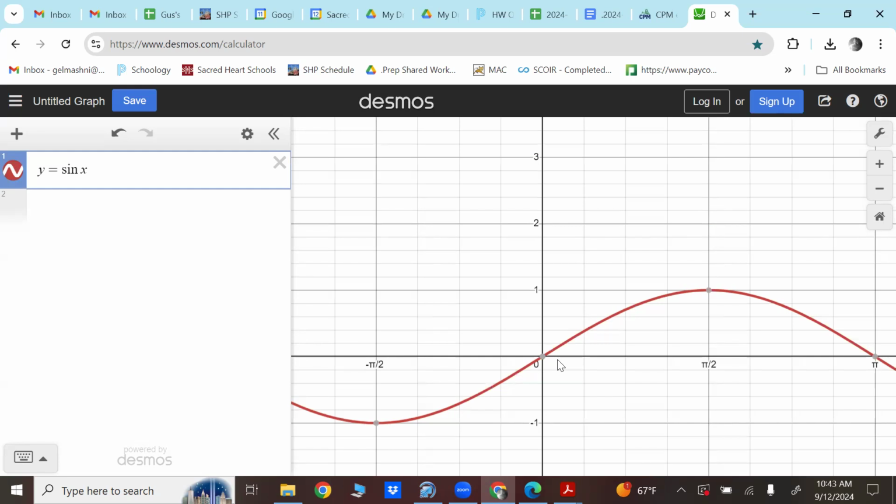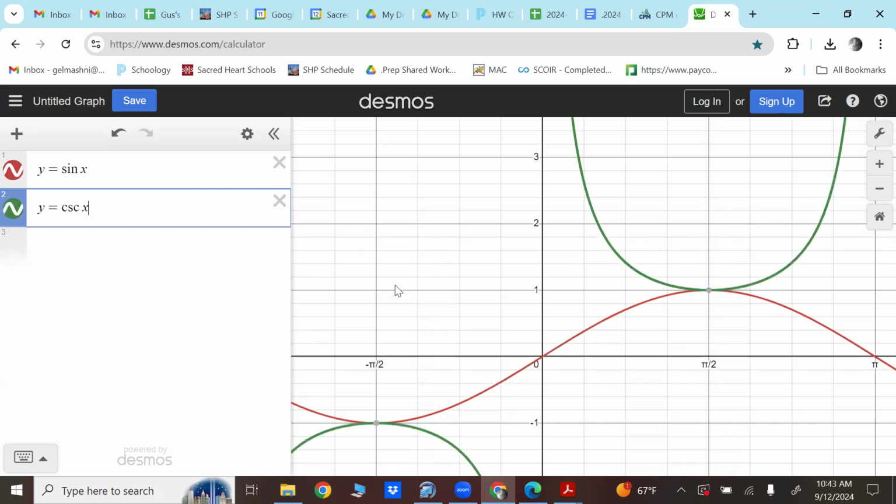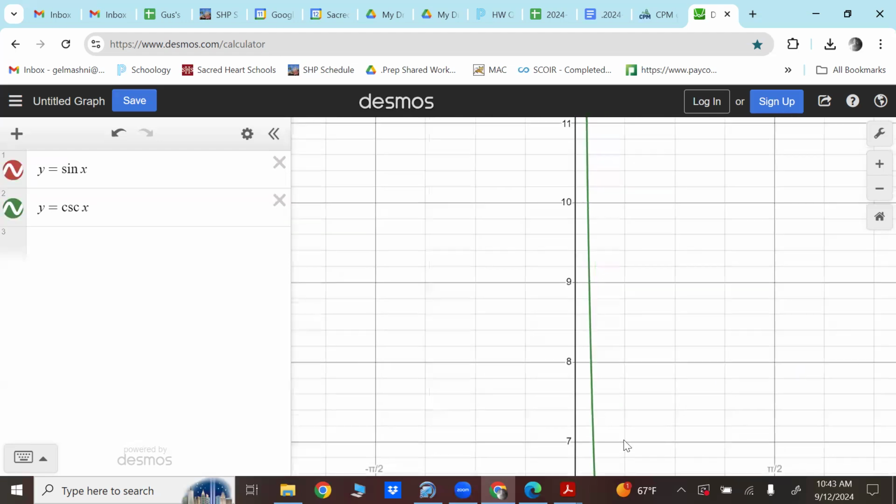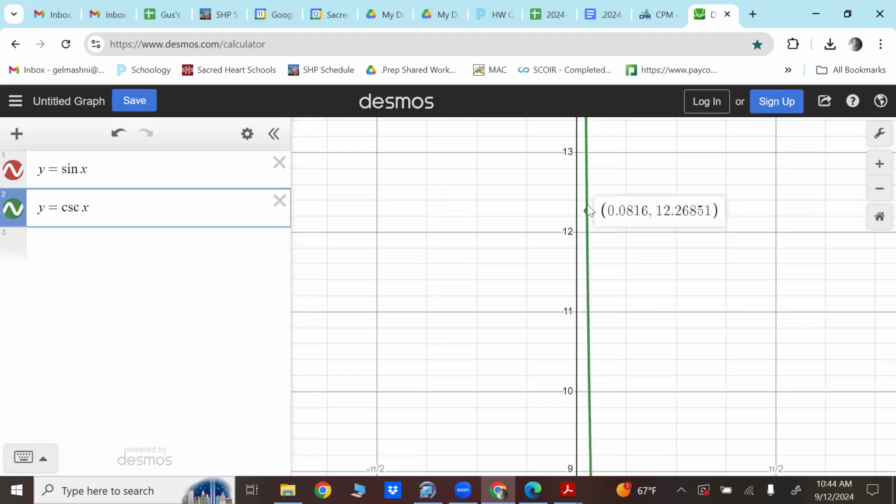If I do 1 divided by 0.095, I get like 10.5, right? Well, let me graph cosecant. y equals csc(x). Yikes. Okay, so like 0.08, okay? I got 0.07991. 1 divided by 0.07991 is 12.5, okay? Yeah, there you go. Yeah, 12.5, right?